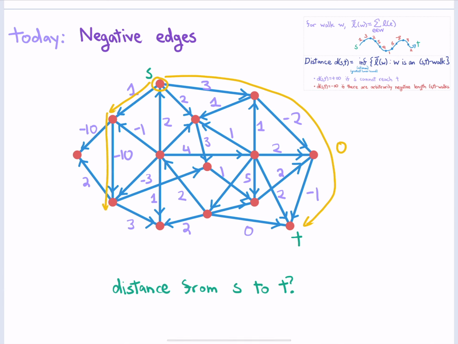Okay, so here's like a nice negative 10. That's worth a lot of points. Oh yeah, okay, I forgot. Let's say that that's negative 3 and that's also negative 3. So we'll go this way, you're saying?